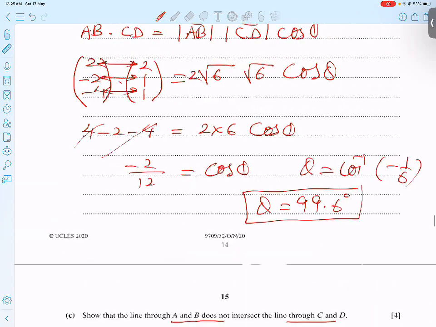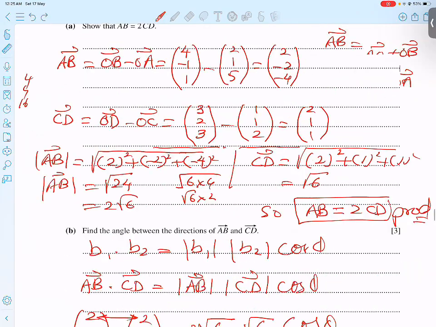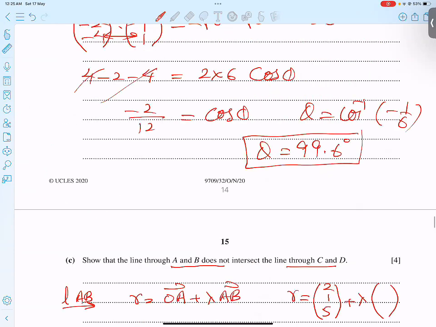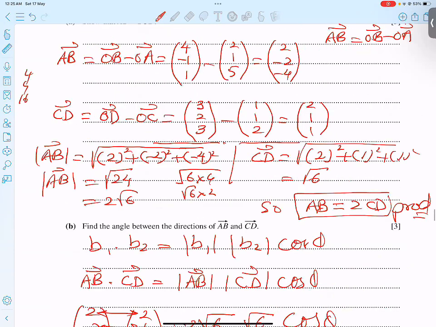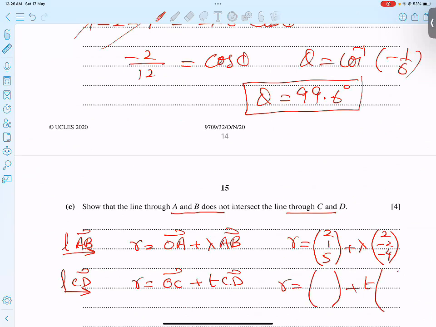OA is 2, 1, 5, and AB is 2, -2, -4. Okay, this is line AB. Now line CD. So OC must be written here and t times CD. This must be different from each other, make sure. r is equal to OC plus t times CD.